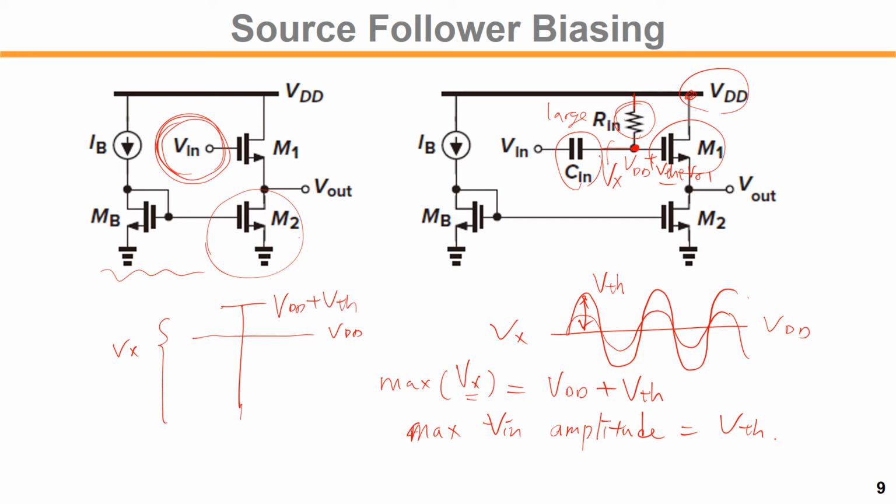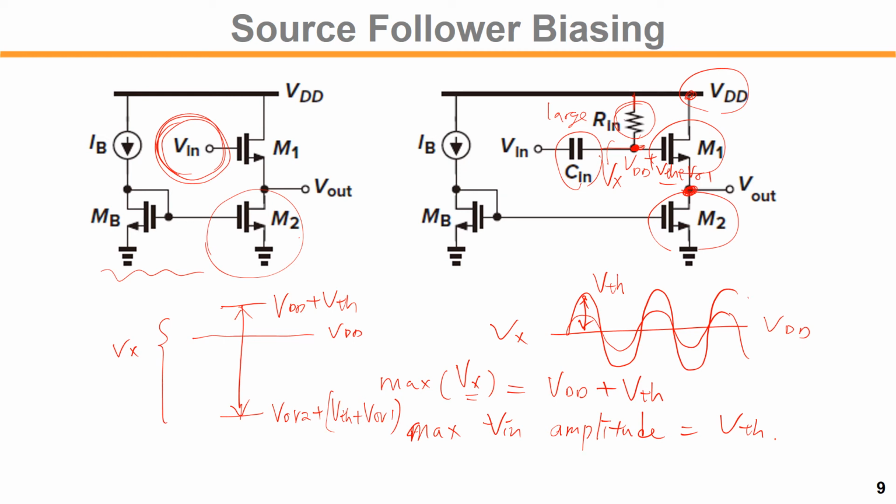What about the minimum voltage? It can go down, but if this goes down too low, then the drain voltage of M2 will be too low. So the minimum requirement would be V overdrive 2 plus VTH plus V overdrive 1, right? That's going to be the minimum Vx voltage.